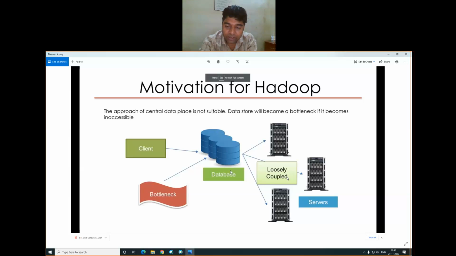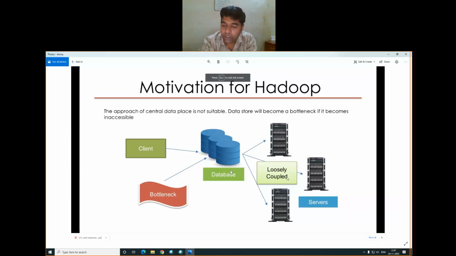The same thing is done in Hadoop. Suppose a client requests a high database in the Hadoop system. With the distributed system, it will respectively fetch from all the servers where the data has been saved, using the MapReduce technology that I have discussed, and it will be delivered to the end client.